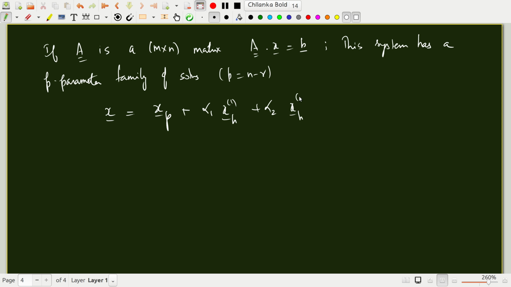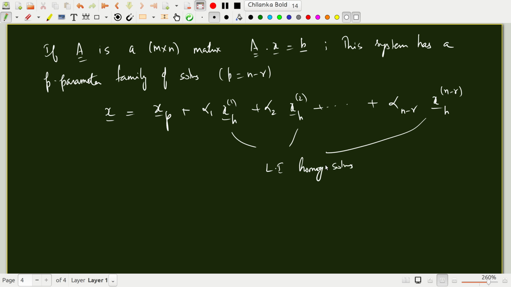So these are the homogeneous solutions. These are linearly independent homogeneous solutions.